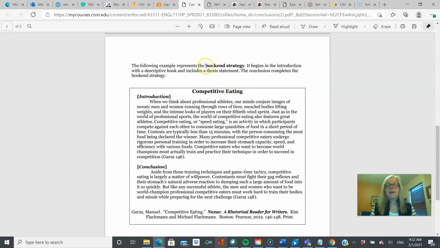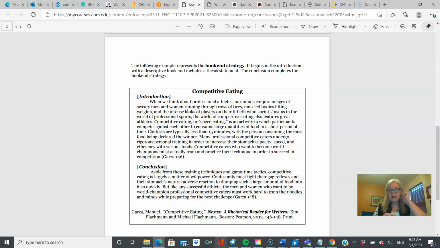One thing that a lot of writers enjoy is the bookend strategy. You can begin with a description and conclude with a similar description, or conclude with the main idea. So you want your introduction and your conclusion to echo each other. We talked about that when we looked at the "Where I'm From" poem, where it begins with a reference to a tree and concludes with a reference to a tree, but they're not exactly the same.